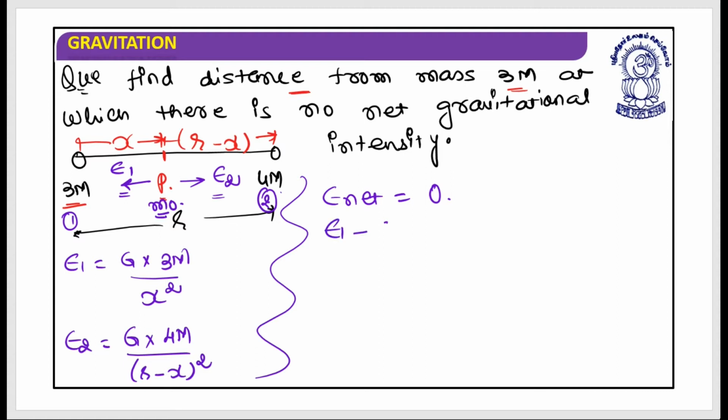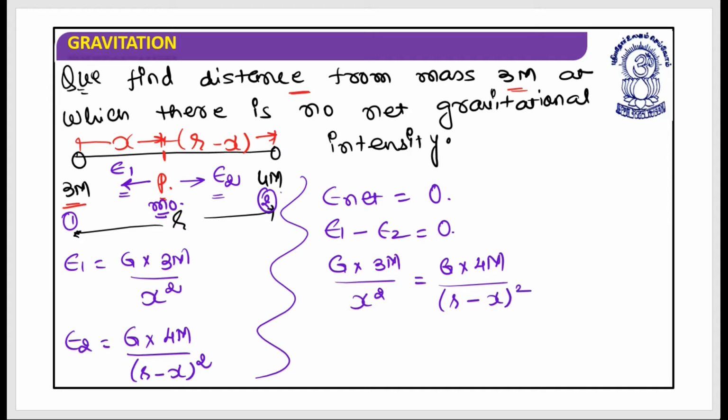So E1 minus E2 equals 0. That means G into 3m divided by x square equals G multiplied by 4m divided by (r minus x) whole square. So G and G have gone. So 4x square equals 3 into (r minus x) whole square.